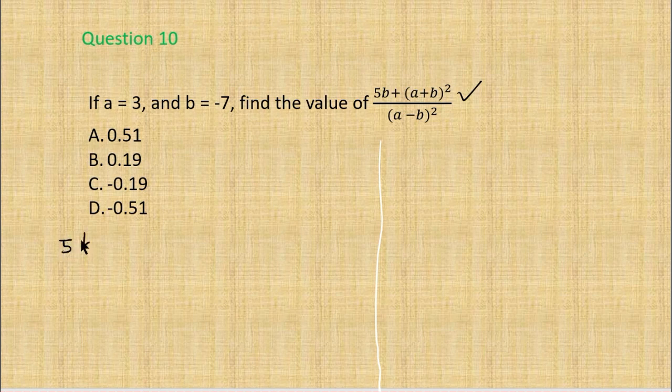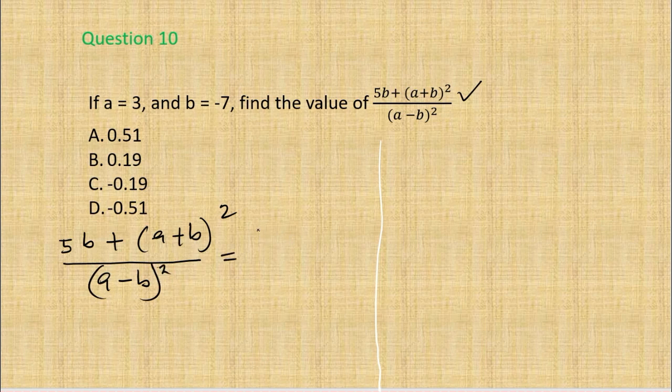My 5b plus (a plus b) all squared all over (a minus b) all squared will be equals to 5 into b, which is minus 7, plus (a plus b). Now that will be b.